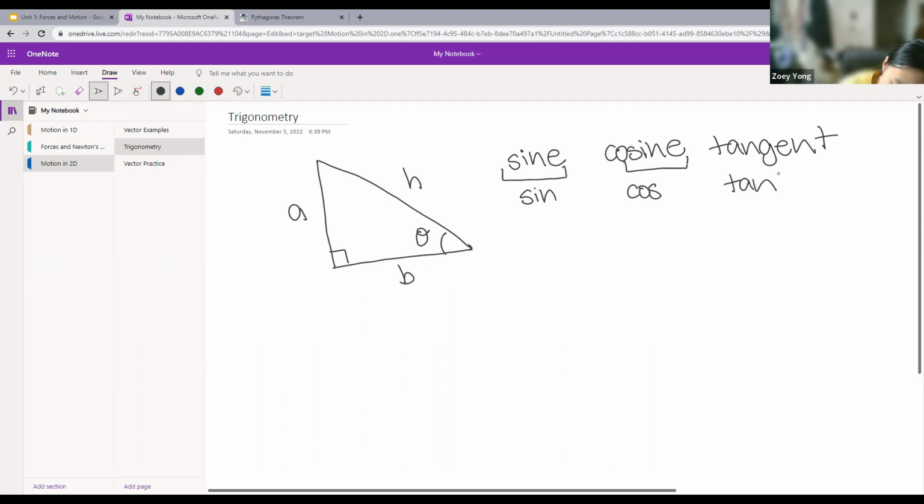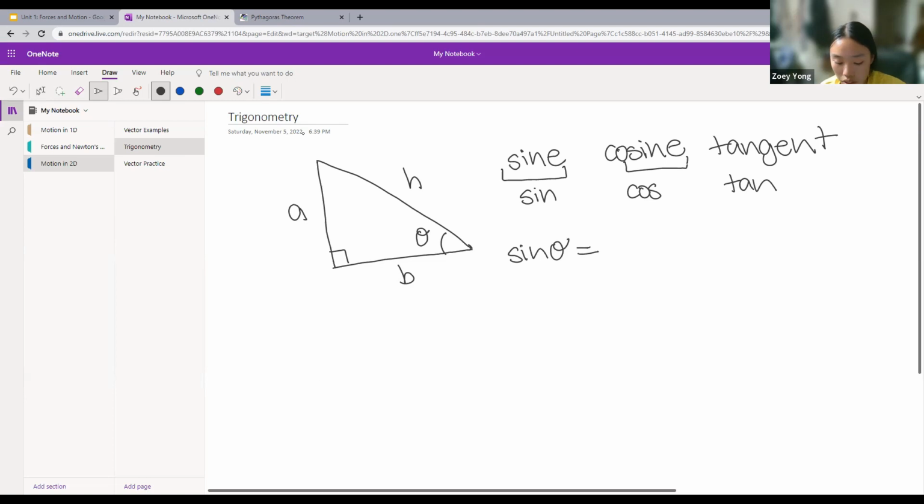So when someone says sine theta, what is sine theta of this triangle equal to? You can think of sine as an operation, something you do to this angle, and then it spits out a number.